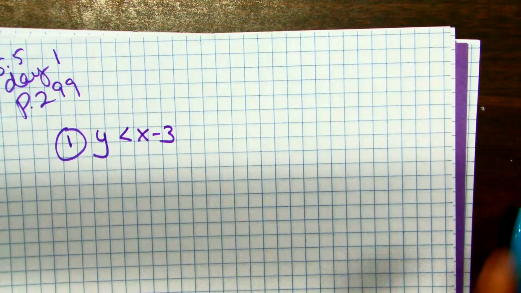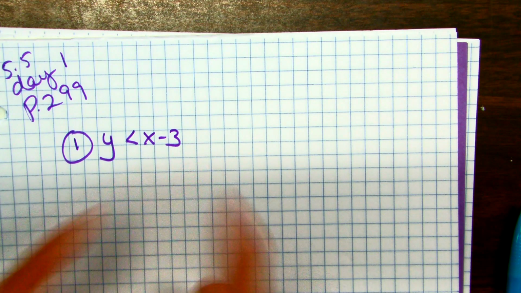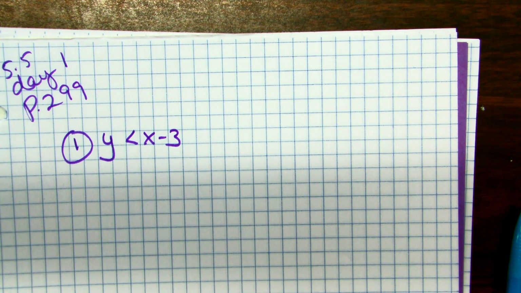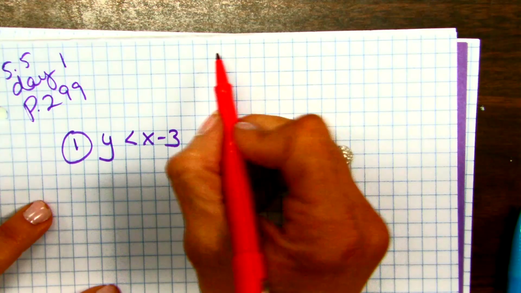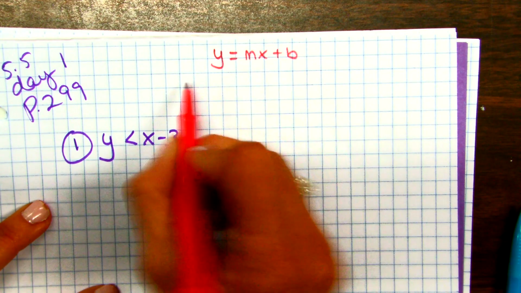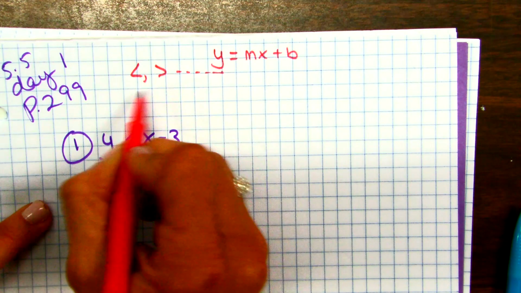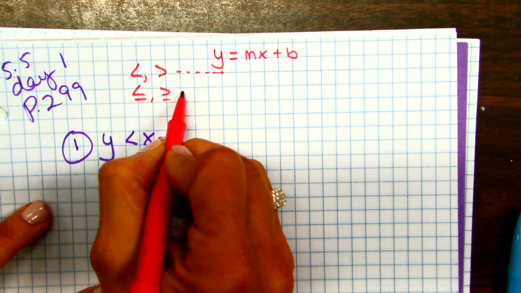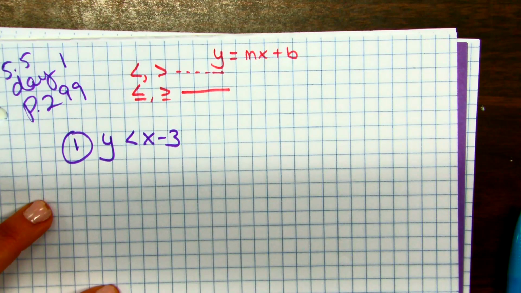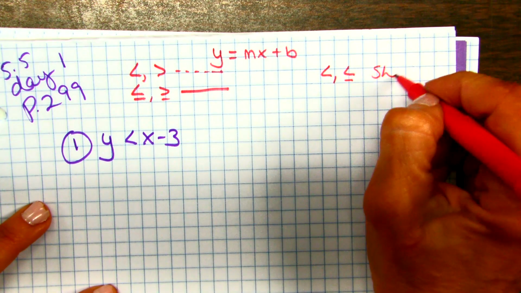Okay, so that's half the game, guys, is recognizing that this is slope-intercept form. I don't have to do anything to it. Y equals mx plus b. Okay? So I don't know if this helps you. I'm not going to check that you have this. If you want to write that on your paper, go ahead.